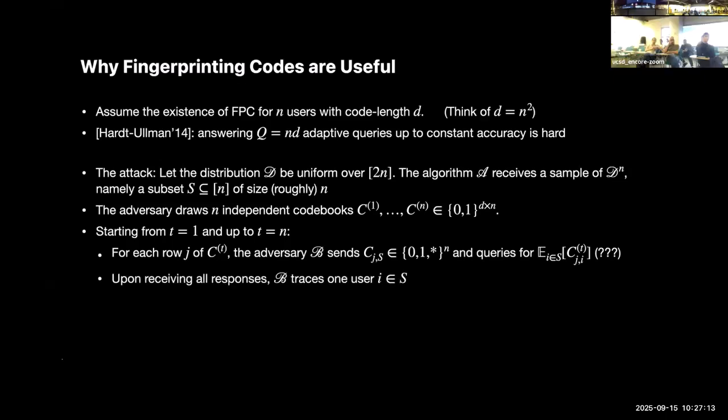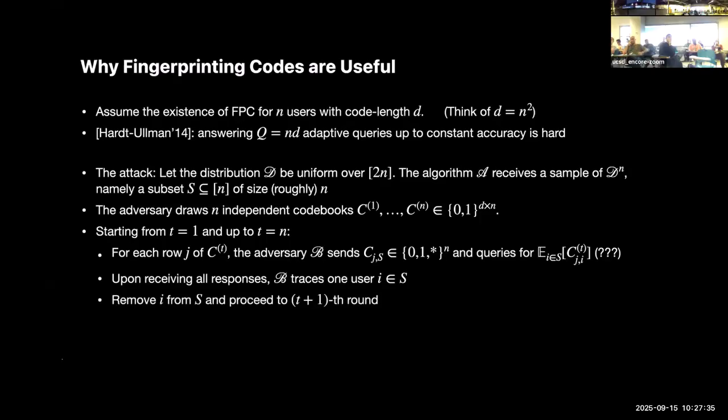Upon receiving all the responses for every row, the adversary can put together the pieces of information he has about these expectations and construct one codeword C sub U D. From this codeword, the adversary will be able to trace at least one user I from the set S. Then you just remove the user I from the set S and proceed to the T+1 round.